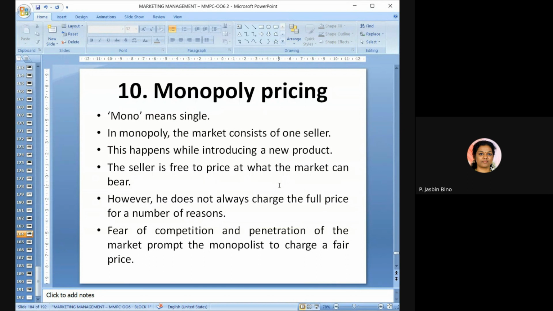If they are charging high prices, as I said before, government will intervene, or government itself will help some other companies to enter into the market, and they act as a competitor for this monopoly seller. So, for fear of that competition and penetration into the market, they'll be charging only fair prices, but they can decide what price to be charged.